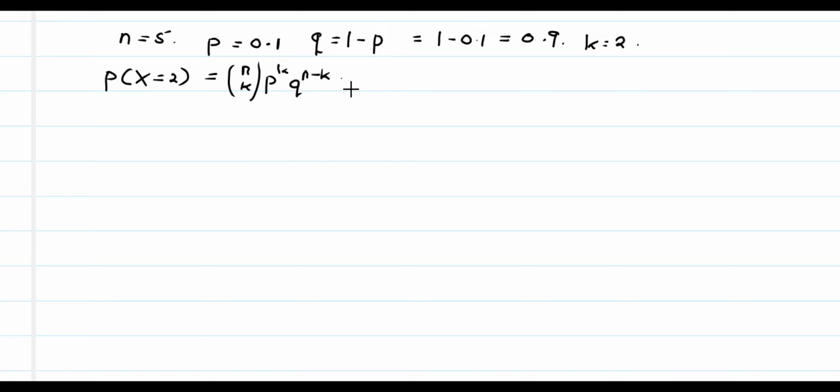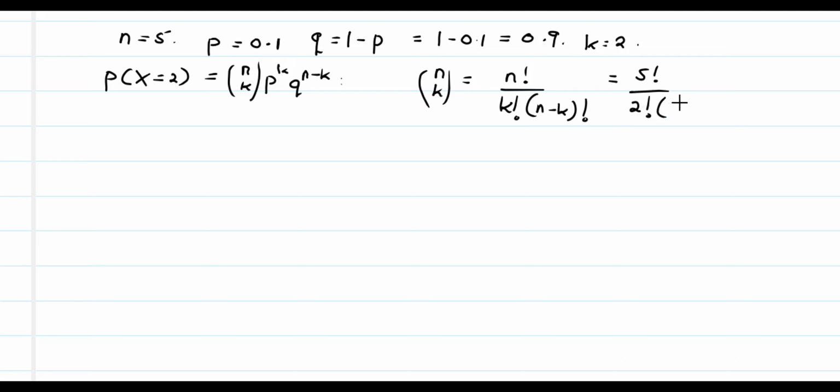So in this case, we can start with n choose k, and we apply our normal formula where n choose k is given by n factorial over k factorial times n minus k factorial, which is the same as, since we already know n is 5, 5 factorial over k factorial, but we know k is 2 factorial, times 5 minus 2 factorial.